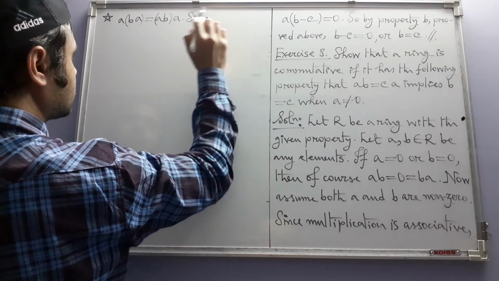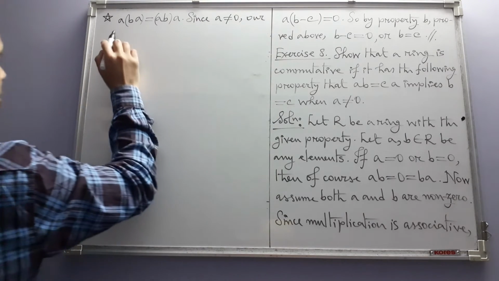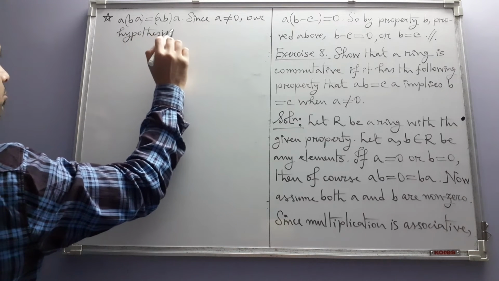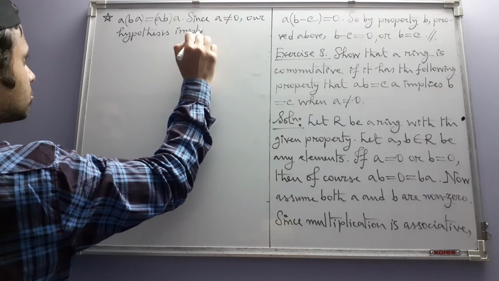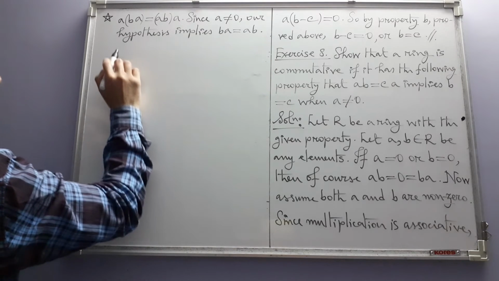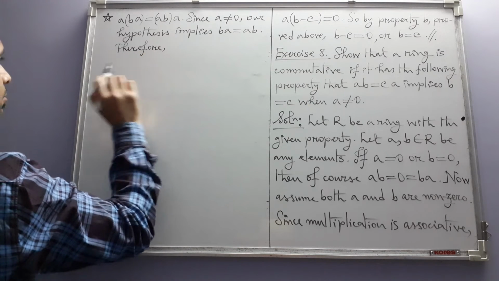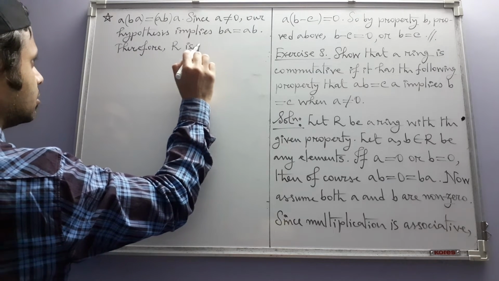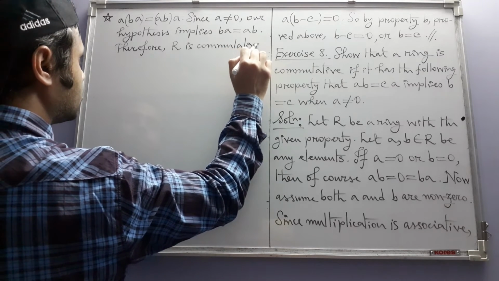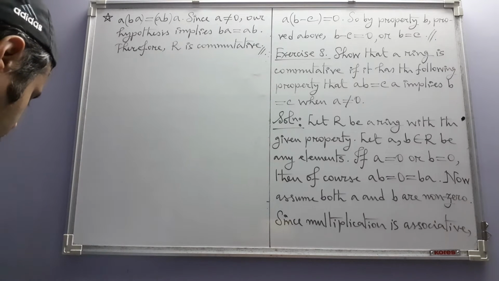Since A is not equal to 0, our hypothesis implies BA is equal to AB. Therefore, R is commutative. So that's the solution.